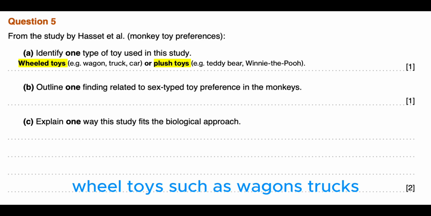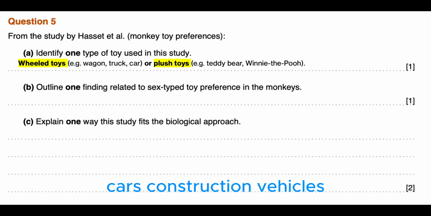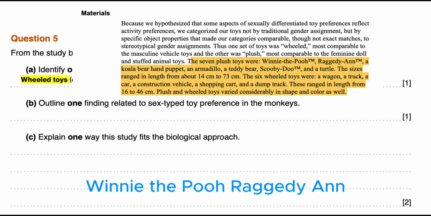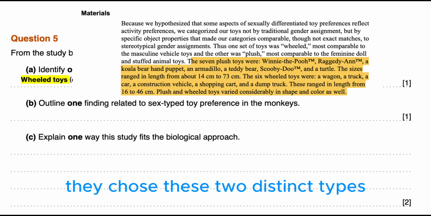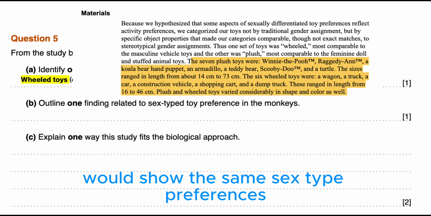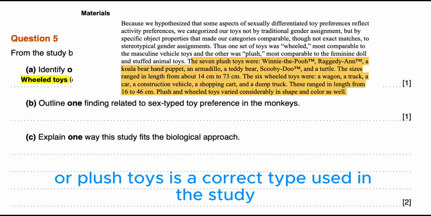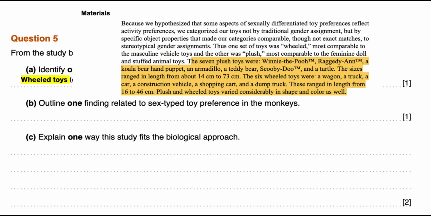Wheel toys, such as wagons, trucks, cars, construction vehicles, and plush toys, such as teddy bears, Winnie the Pooh, Raggedy Ann. They chose these 2 distinct types to see whether monkeys would show the same sex type preferences as human children. So wheel toys, or plush toys, is a correct type used in the study.